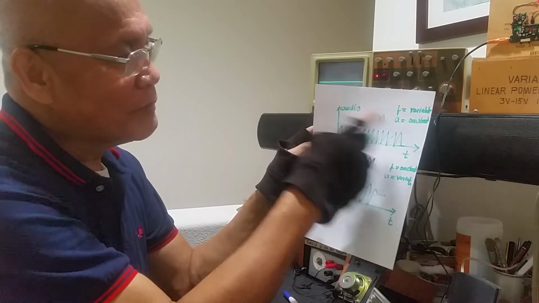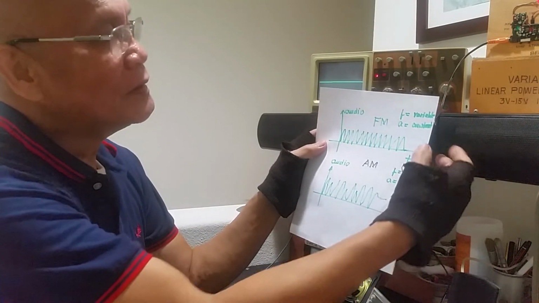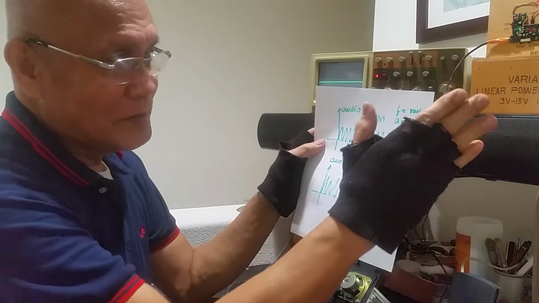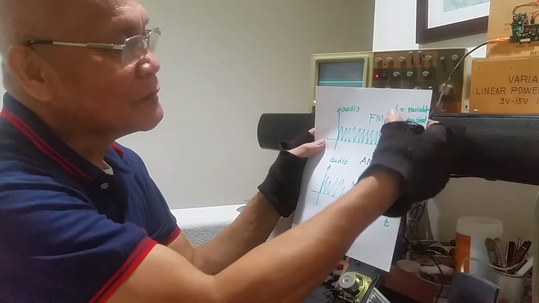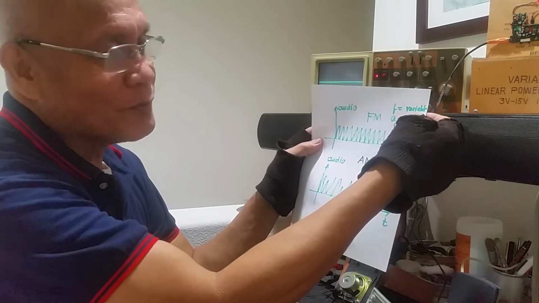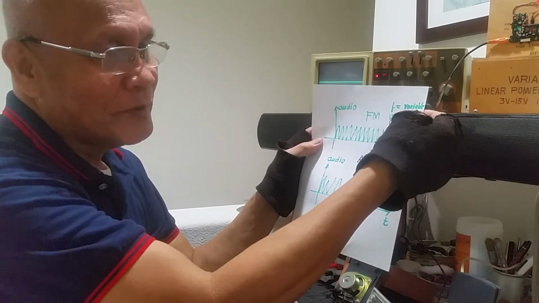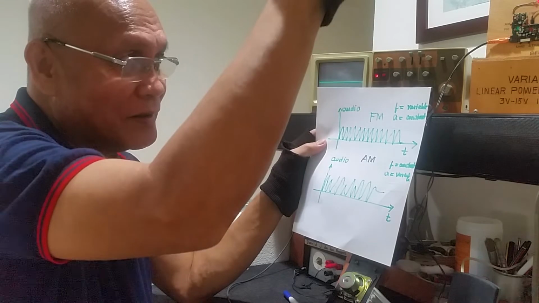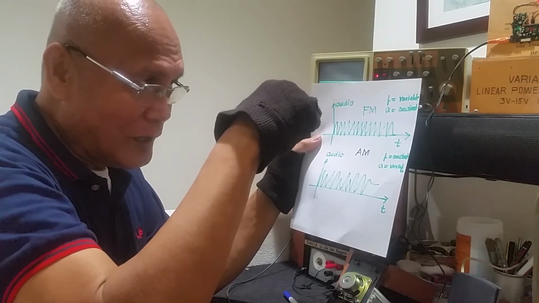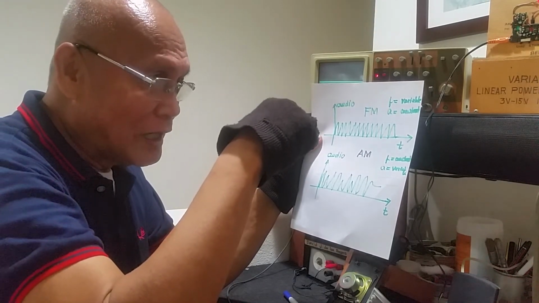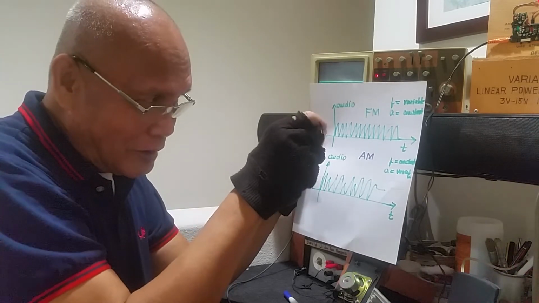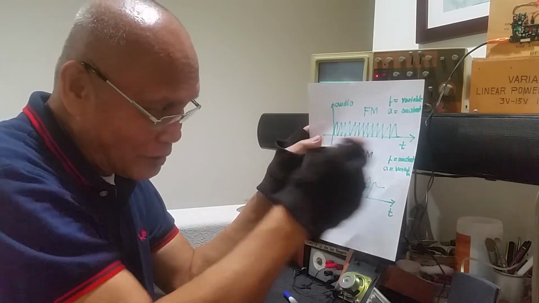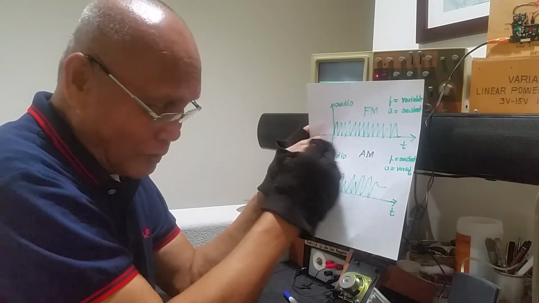For an FM receiver, the audio signal, the sound, the frequency is variable. How it comes out as a graph is variable, maybe the time duration on the horizontal side.